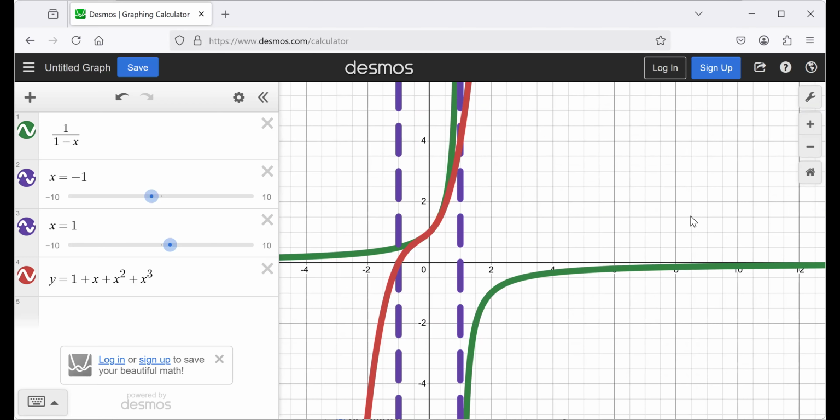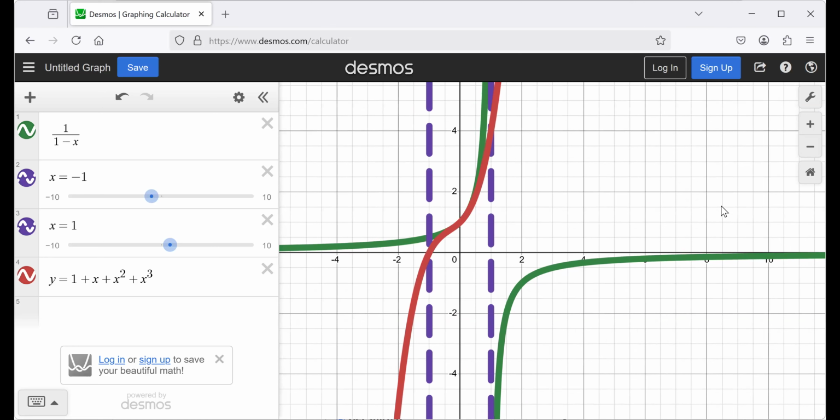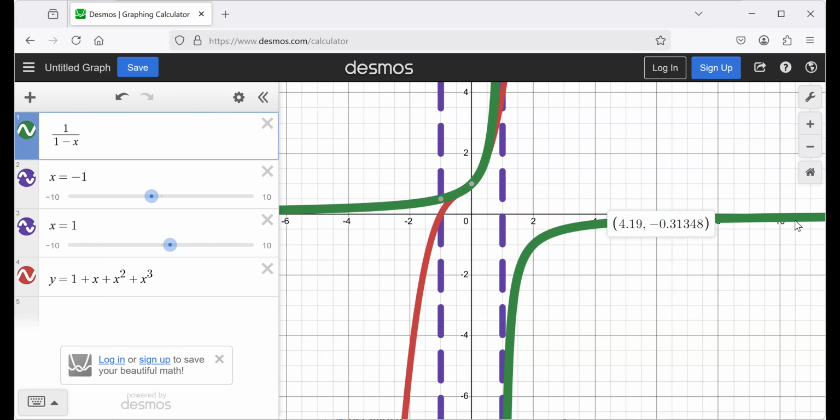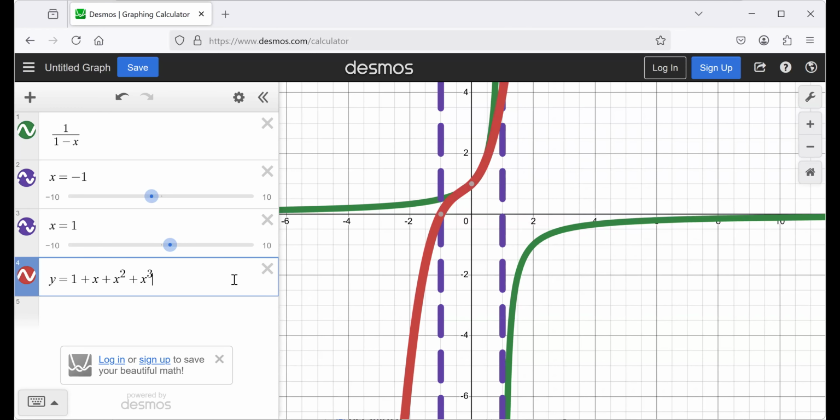Outside of this interval, observation number 2, we can add as many terms as we want, and this will never be any good. We're never going to make this function equal this curve here, or come close to this curve here, or this curve here, no matter how many terms we add.